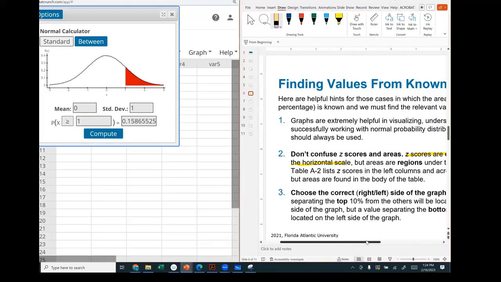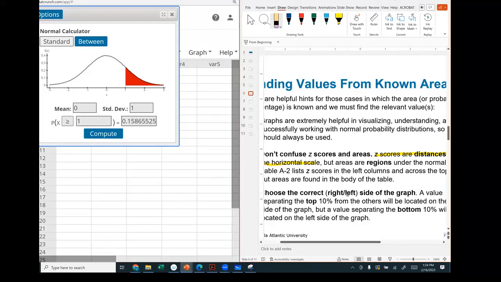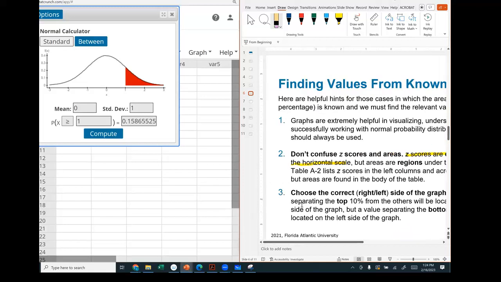It says, choose the correct side, right, left side of the graph. A value separating the top 10% from the others.